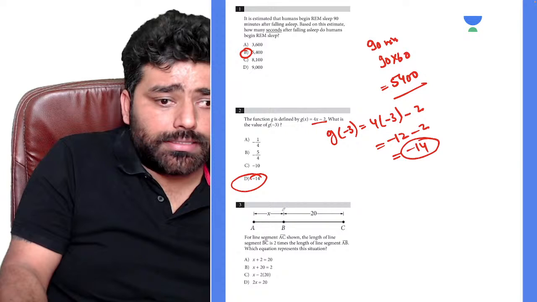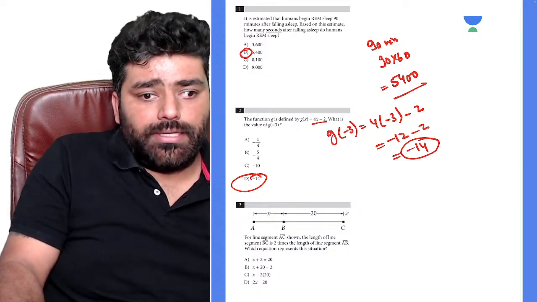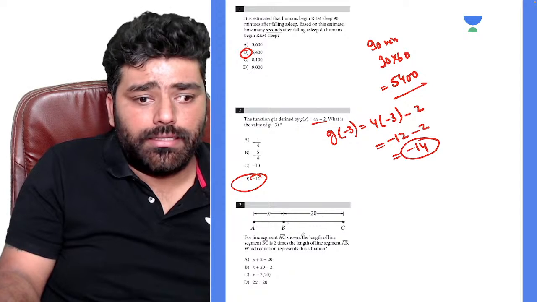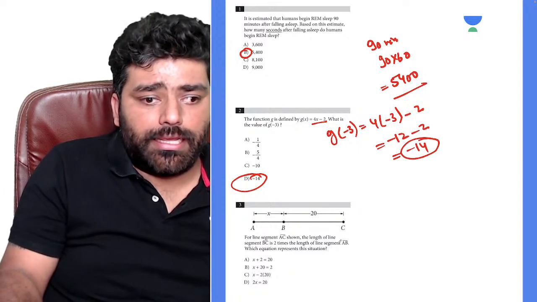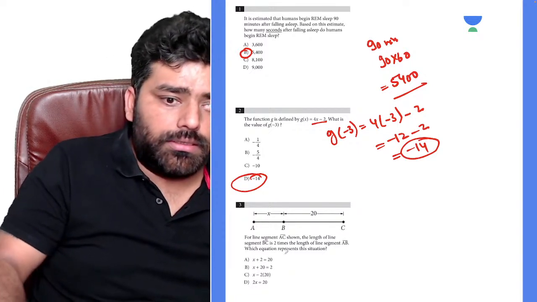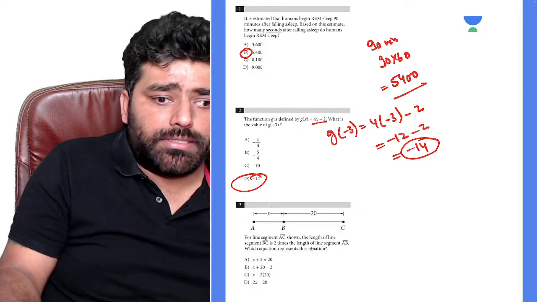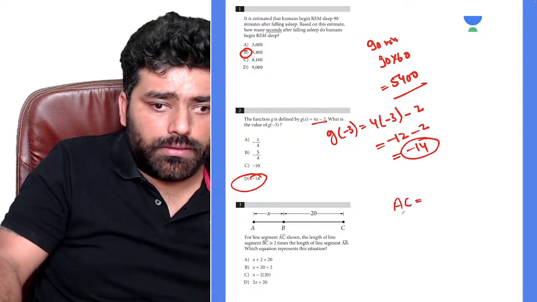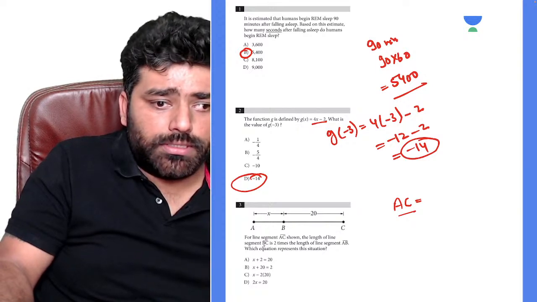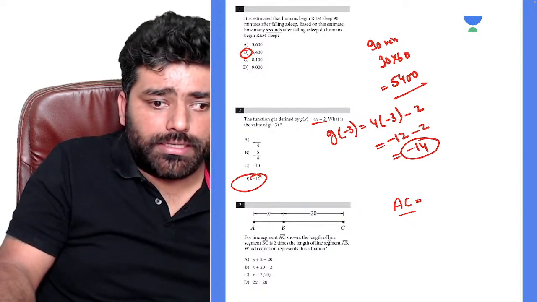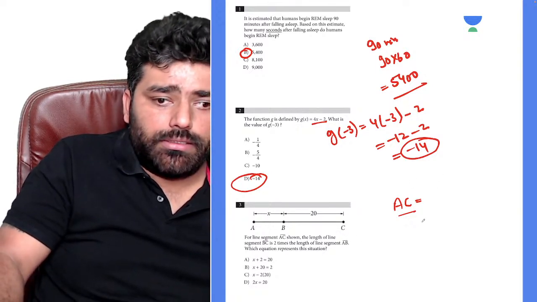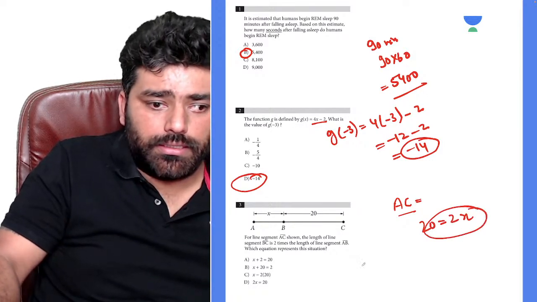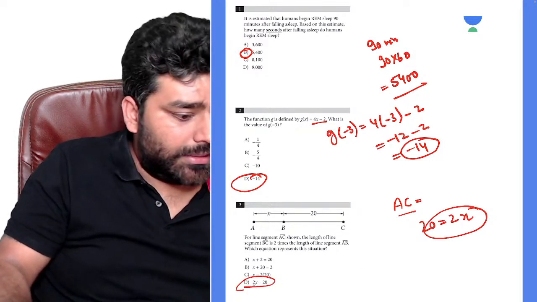We have x. A to B is x, B to C is 20, right? The length of the line segment BC is twice the length of the line segment AB. So what is given to us? The line segment BC is twice the length of the segment AB. So that means 20 is equal to 2 times x, right? Yeah, that is D, right?